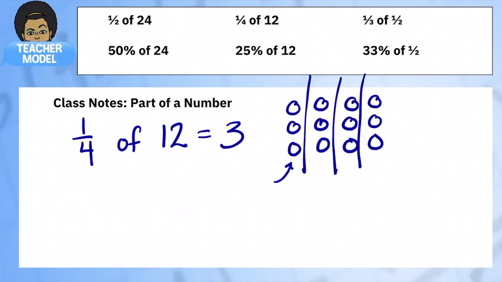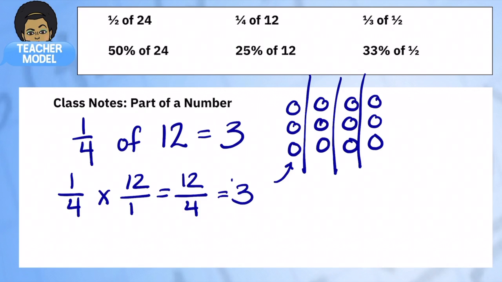So let's see if this is still true. 1/4 times 12 over 1. Will this give us 3? 1 times 12 is 12. 4 times 1 is 4. Simplify it. 12 divided by 4 does give us 3. So this does work. We would just do 1/4 times 12, the same way we did 1/2 times 24.